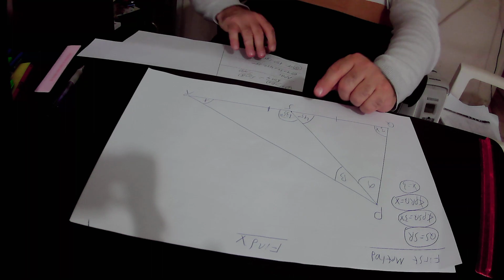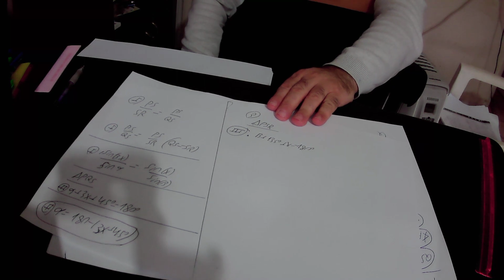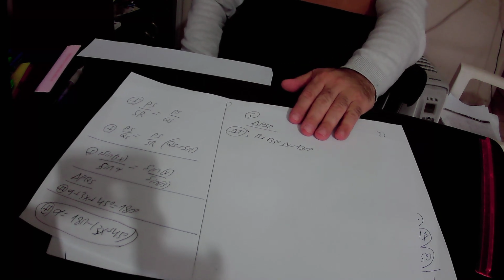I repeat again, in triangle PSR, the sum of the angles must be equal to 180 degrees. That is to say, beta plus 135 degrees plus x must be equal to 180 degrees.